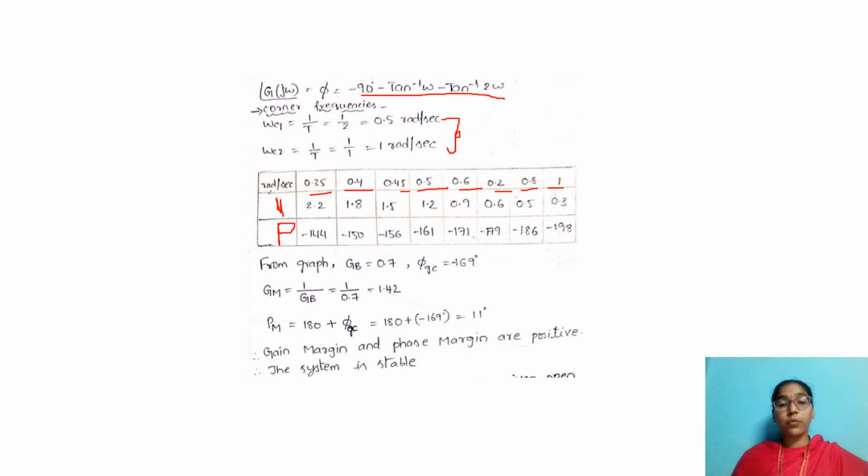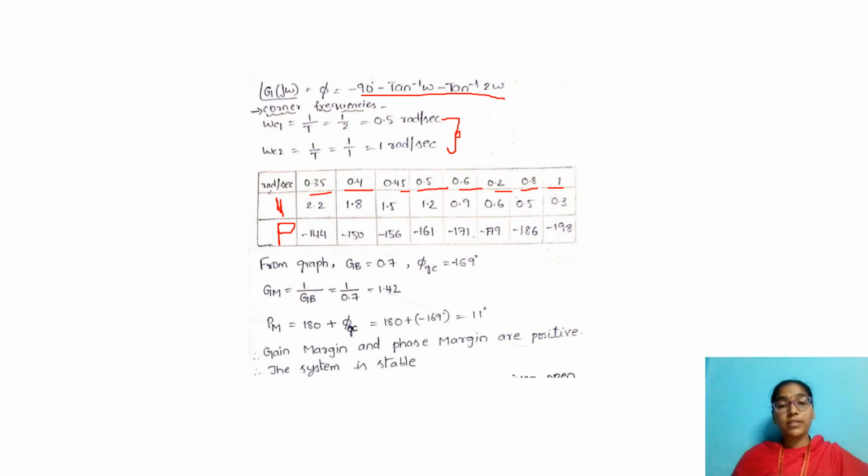These values are between 0.5 and 1. Substituting 0.35 in the magnitude plot, we get 2.2. For 0.4 it is 1.8, for 0.45 it is 1.5, for 0.5 it is 1.2, for 0.6 it is 0.9, for 0.7 it is 0.6, for 0.8 it is 0.5, and for 1 it is 0.3.